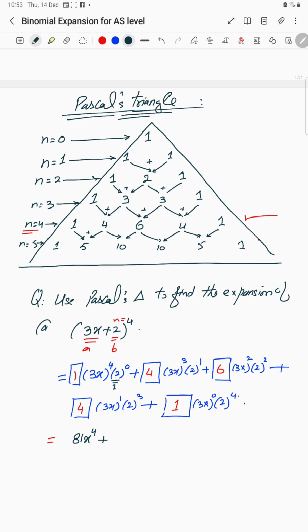So here 3 power, you can use a calculator. 3 power 3 is 27 times 4 times 2, that is 216, 216 x power 3, plus here it will be 3 power 2 is 9, 9 and 4, 36 times 6, that again 216 x power 2, plus here we can get 8 times 3 times 4, we get 96 x plus 16.